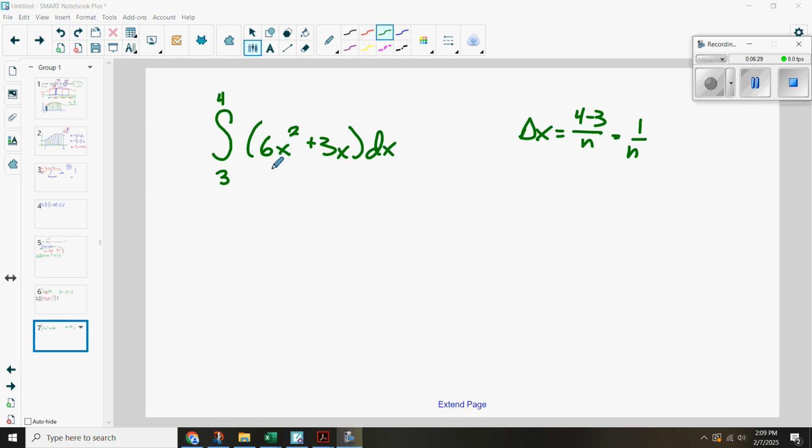Well, this x is changing, and that x is changing. So I'm taking this x and squaring it, and then multiplying it by 6, and then adding to that, I'm just taking my x and multiplying it by 3.